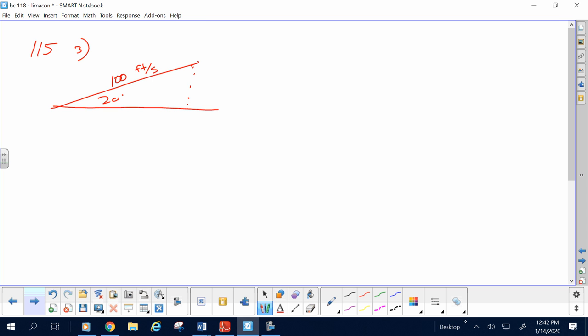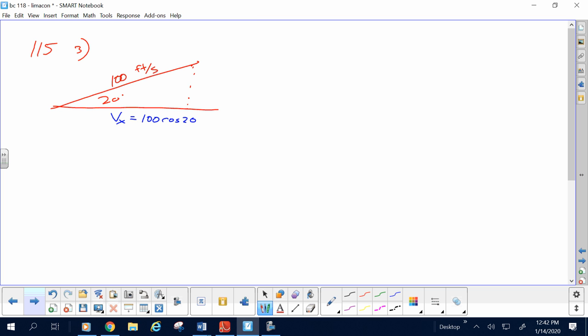Yeah. So let's consider how much or how fast it's changing horizontally, which would be the velocity in the horizontal direction. How would you find it? By right triangle trig. What trig function would you take? Cosine. So this is 100 cosine 20. Do you want to put your calculator in degrees or convert to radians?